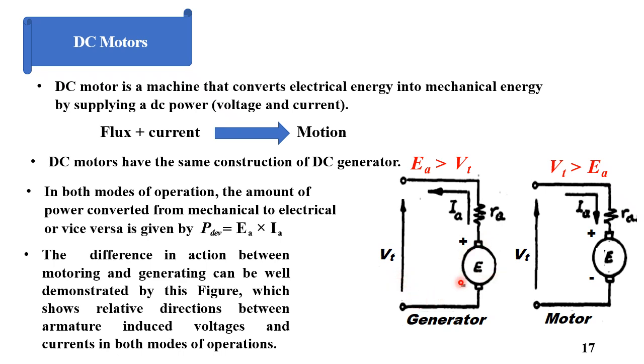Here we have the back-induced EMF EA bigger than the V terminal, while for the motor, we have the current entering from the V terminal, which is the battery, entering the machine, and the back-induced EMF here is lower than the V terminal or the battery voltage.